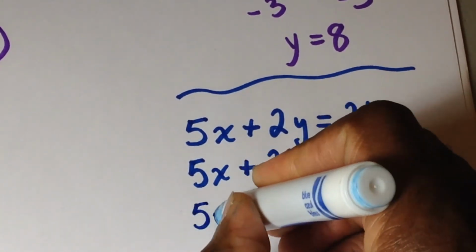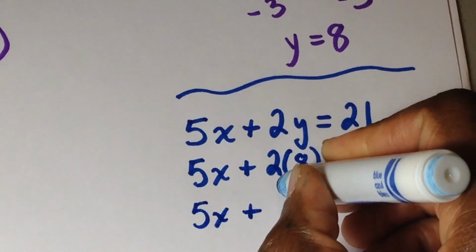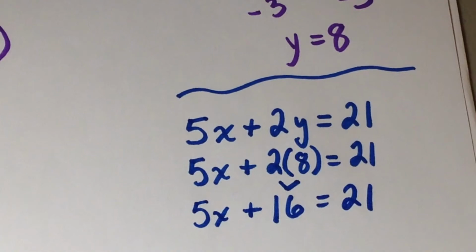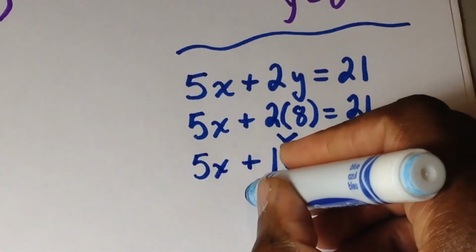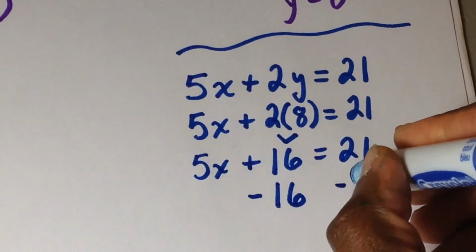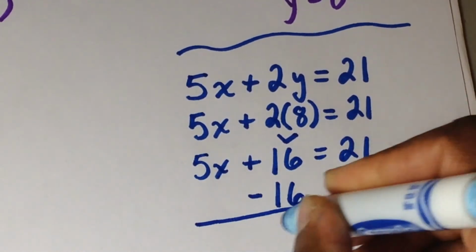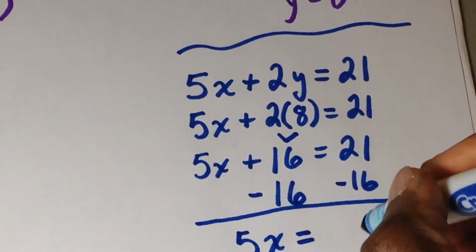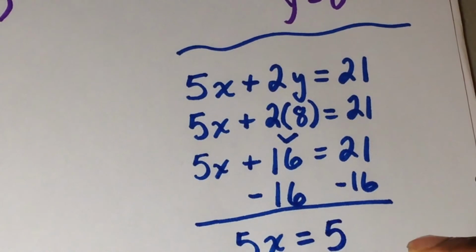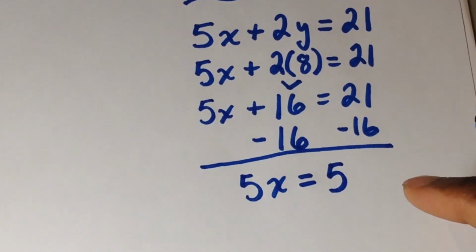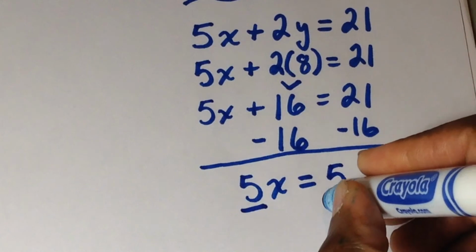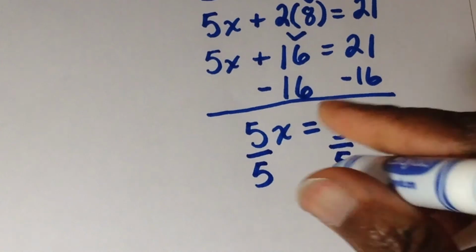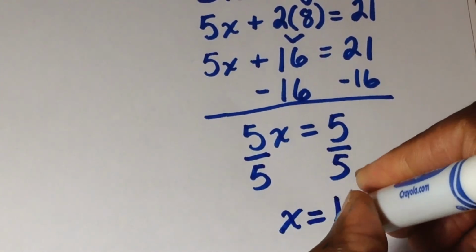So this will be 5x plus 2 times 8 is 16, which is equal to 21. And now from here, minus 16, and what I do on one side, I will do to the other side. So I got 5 times x is equal to 5. Consider this a no-brainer. It's going to be 5 times what number to give me 5? Divided by 5 just for the show of it. And I got x is equal to 1.